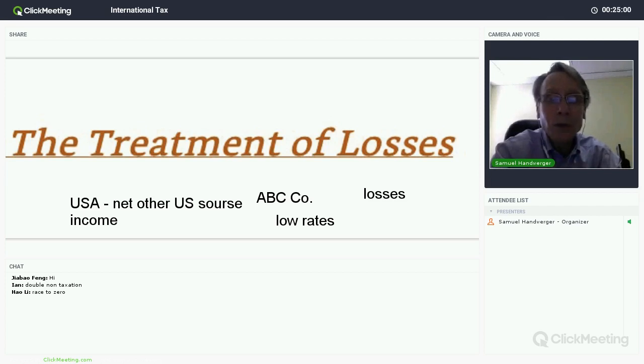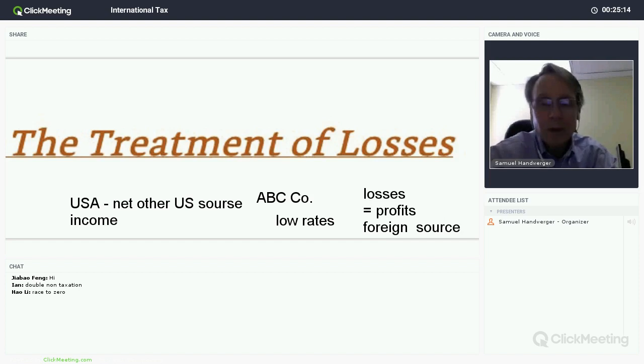What happens, however, if the USA company can later, when they start making profits, make all those profits foreign source and not have them taxed in the US? Well, that's going to be a dilemma that we're going to learn about today. So I'm setting it up for here.